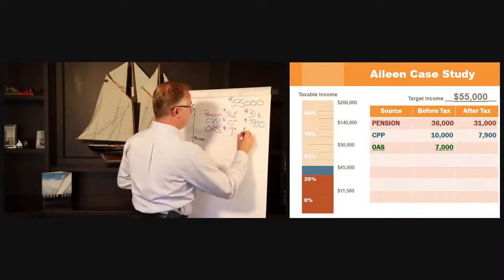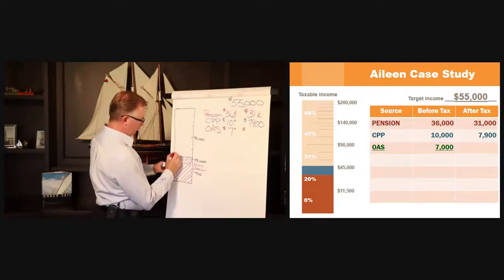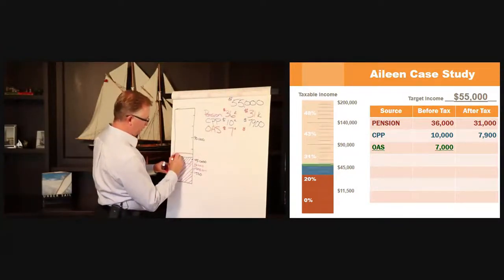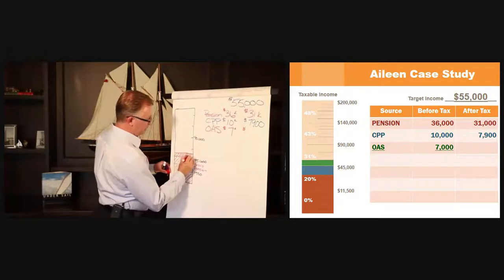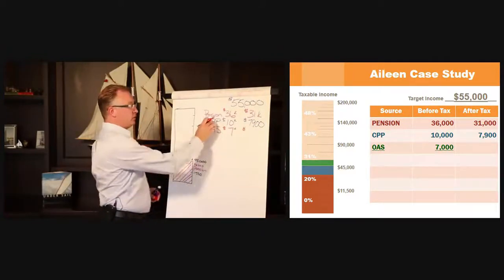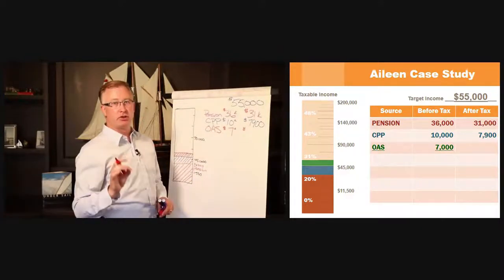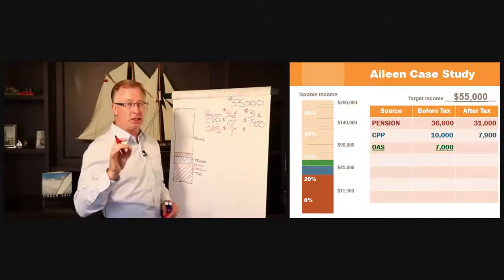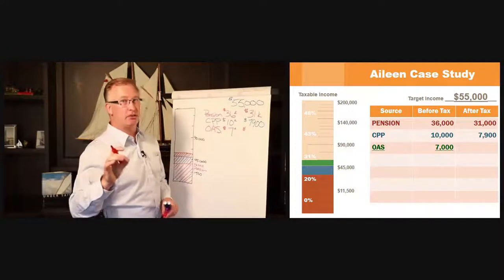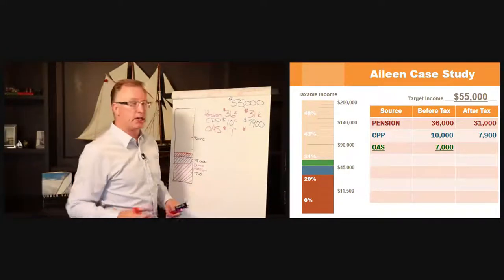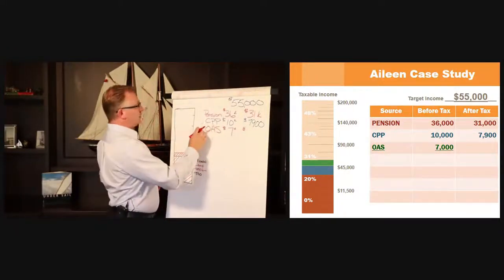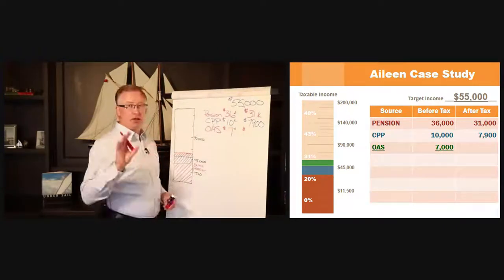So what we do is we take the marker and we move up and we fill in, and here's the next amount of income. That's all taxable. You didn't pay any tax on your CPP contributions, and old age security is a social assistance program, so you haven't paid any tax on that. You actually haven't paid anything towards that aside from your income taxes. So when you collect it, it's all taxable.